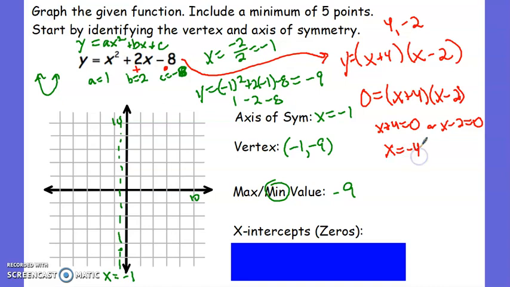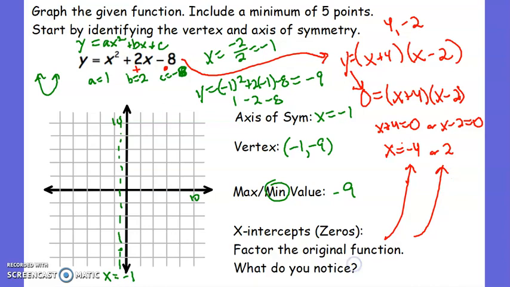So if I subtract 4 over to the right side, or add 2 over to the right side, I've just found two solutions when my equation equals 0. And what I want us to realize is that if y were equal to 0, what we really just found were a couple of x-intercepts, or zeros of my function, as we sometimes call them in algebra. So I know that my graph is going to cross the x-axis.